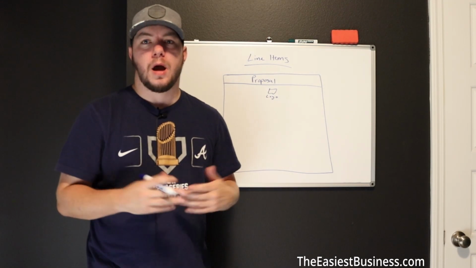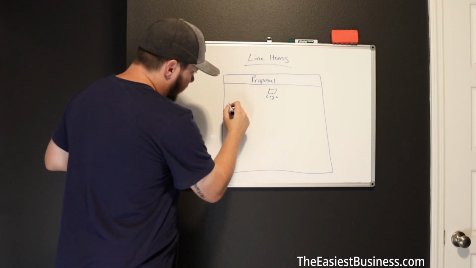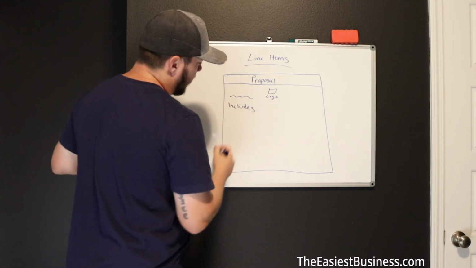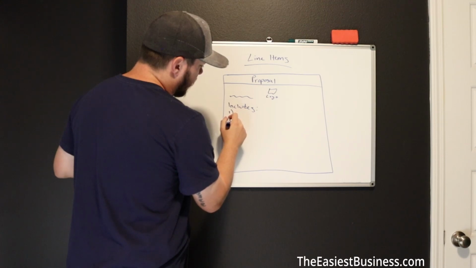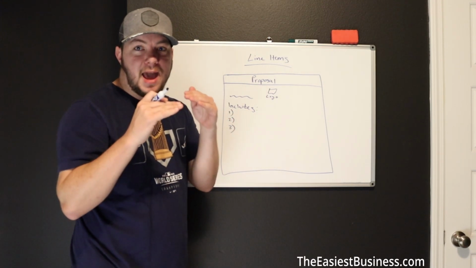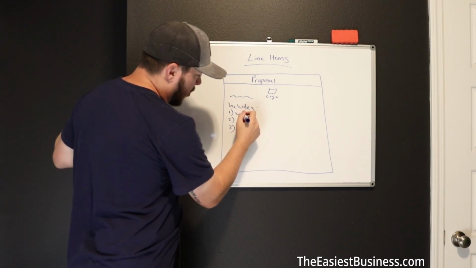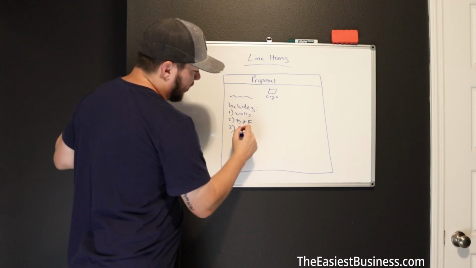And this is how you're gonna do it. All right, so the first thing on my proposal, I'm gonna have an include section. Hopefully you guys can read this. It's gonna have some jargon up here, but I'm gonna have includes, colon, and then I'm gonna have 1, 2, 3, and as many scope items as I have in my bid, I'm gonna include them right here. It's gonna say walls, doors and frames, ceilings.